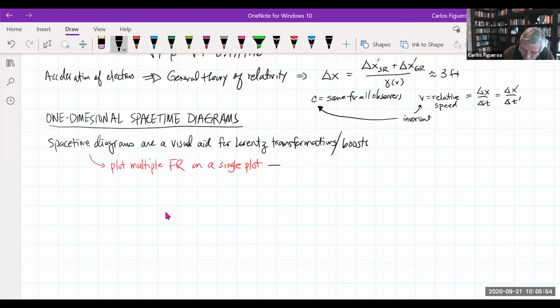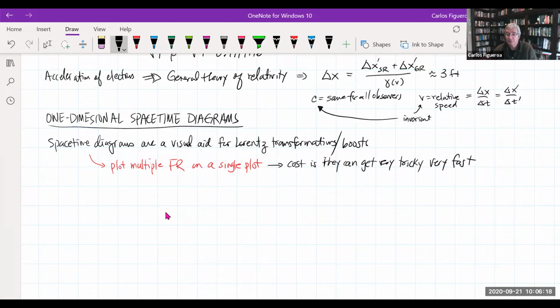However, the cost is they can get very tricky very fast. So most of the time, we don't care about plotting multiple frames of reference.